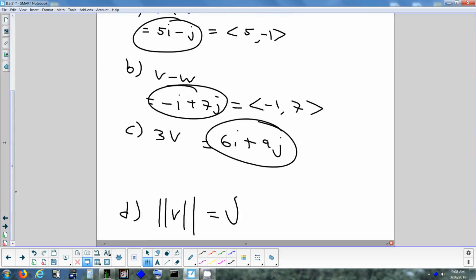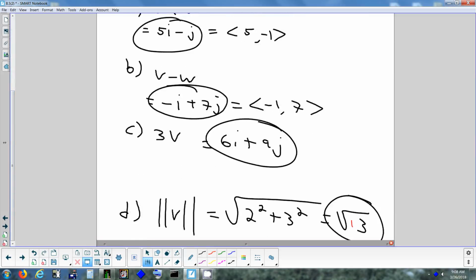So we've got the square root of 2 squared plus 3 squared, which is the square root of 13. Always follow the rules you know with roots. If you could reduce it, go ahead. Square root of 13, nothing I can do. Unless they wanted it as a decimal, then I could just type it in and get a decimal. Okay. Any questions on that? All right.